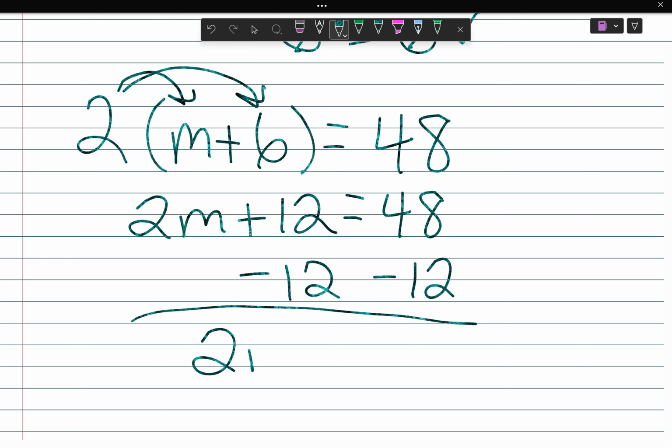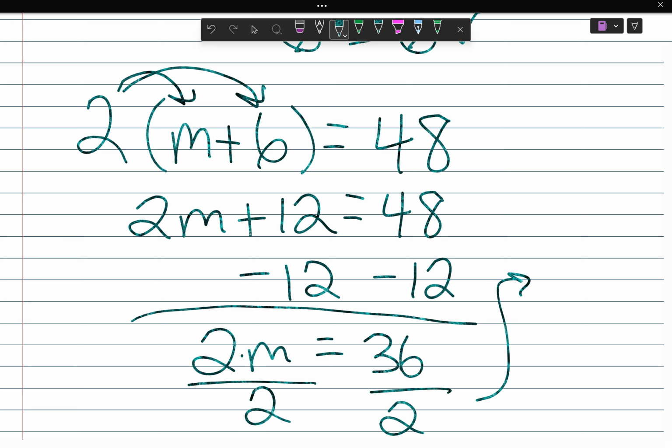That gives us 2m is equal to 36. And now between 2 and m is multiplication. So we do the opposite, division. Divide by 2. M is equal to 36 divided by 2 is 18.